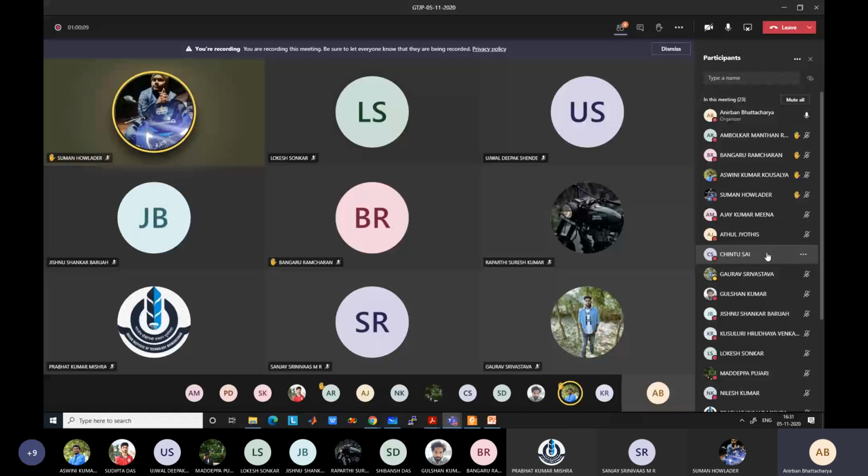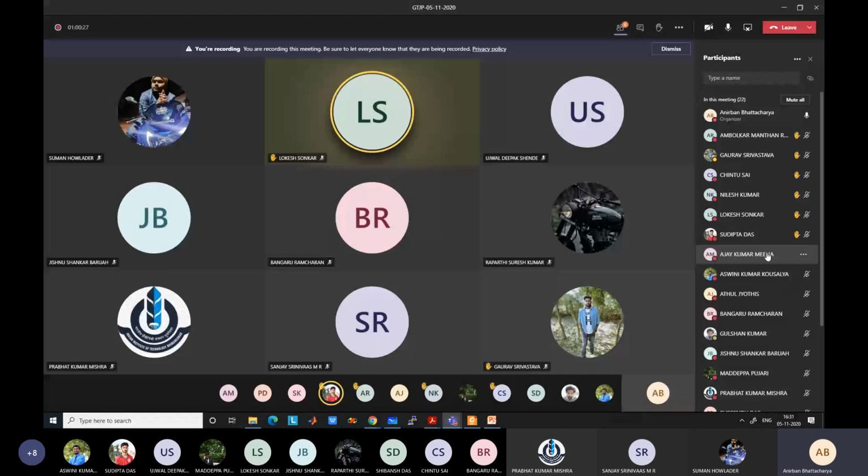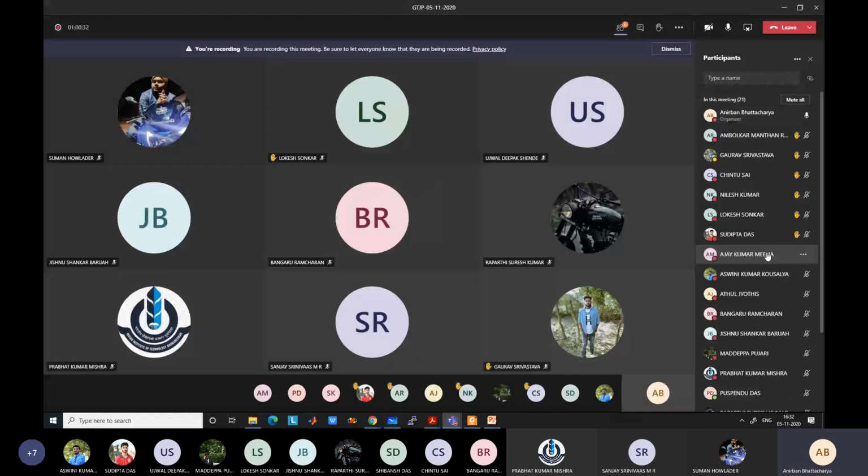Gulshan Kumar present. I have seen M Pujari present. Nilesh Kumar is present. Chintu Sai present. Sudipto Das, where are you? Sudipto is present. Lokesh is present. Ankit Soni. Ankit has also left, is it? Ankit is not present in any class. And Shivang Das is present.